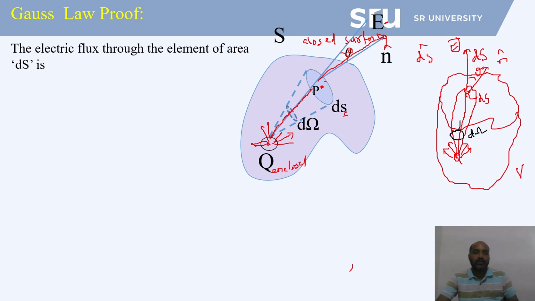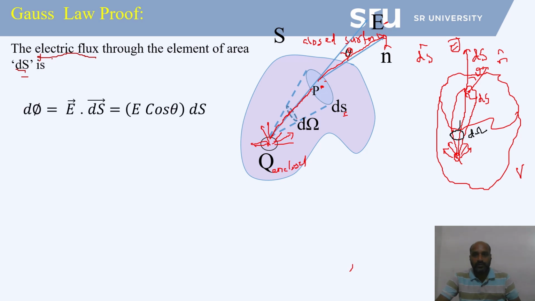Now first we'll calculate the electric flux, I mean the number of field lines which are perpendicular to that surface ds, only through ds. So as per the definition of flux, d phi, the flux through that small element ds, will be E dot ds. The dot product of E and ds will be E cos theta ds.